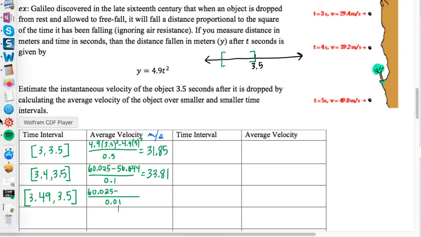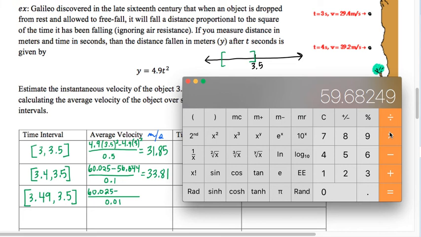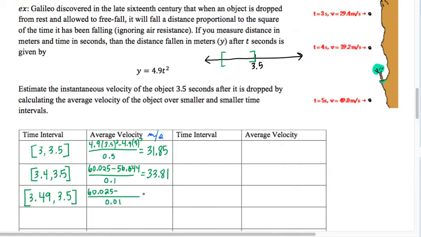All right, so we need to plug in 3.49. So I'm going to do 3.49 squared times 4.9 gives me 59.68429.